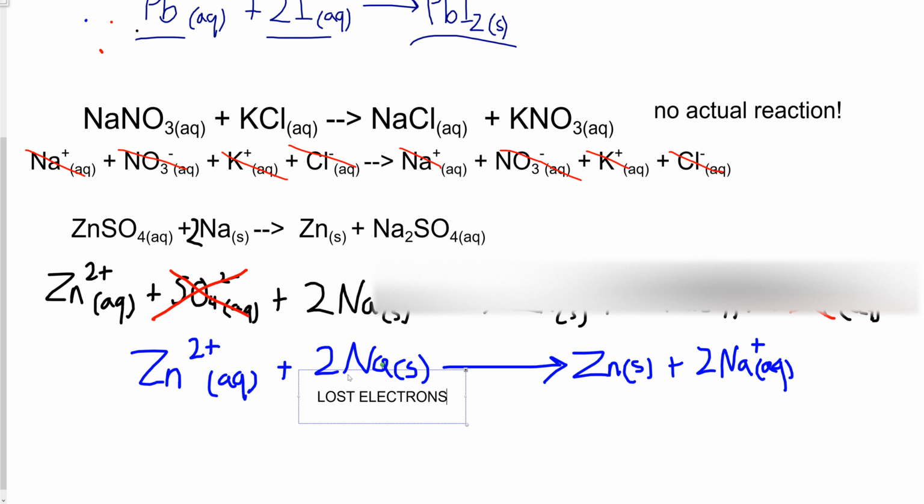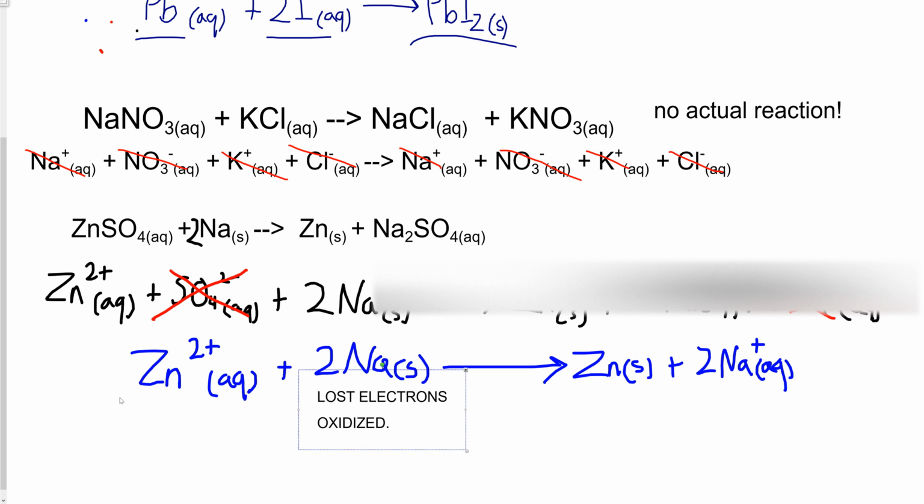This guy, these 2 sodiums, they lost electrons. That's why their charge went up by 1. So how many electrons did they lose total? Well, each one lost 1. There's 2 of them. So that means that 2 electrons got lost. Where did those electrons go? Well, look at Mr. Zinc here.